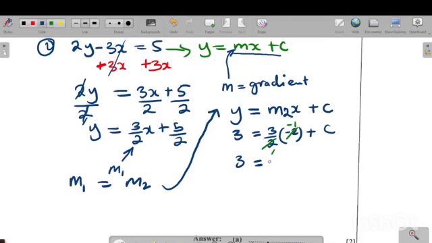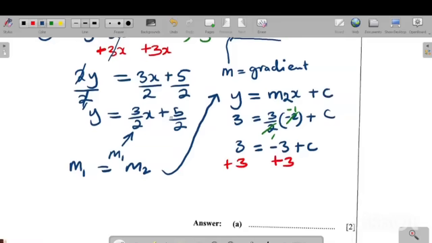Here you're going to have 3 times -1 will be -3 plus c. Then you want c to be on its own, so you're going to use additive inverse. You add a 3 so that -3 plus 3 becomes a 0. What you've done here, you also do it here. So now you have 6 is equal to c.